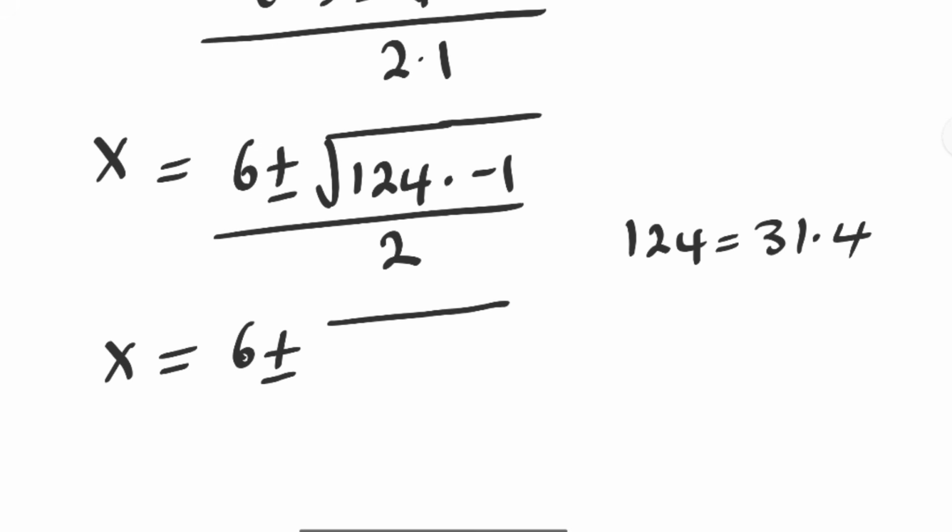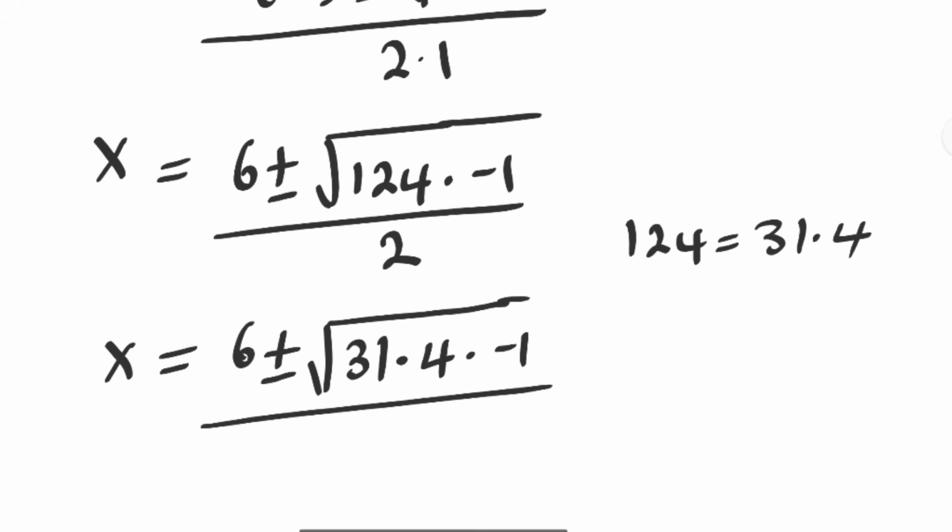Then we have square root of 31 multiplied by 4 multiplied by minus 1, divided by 2.